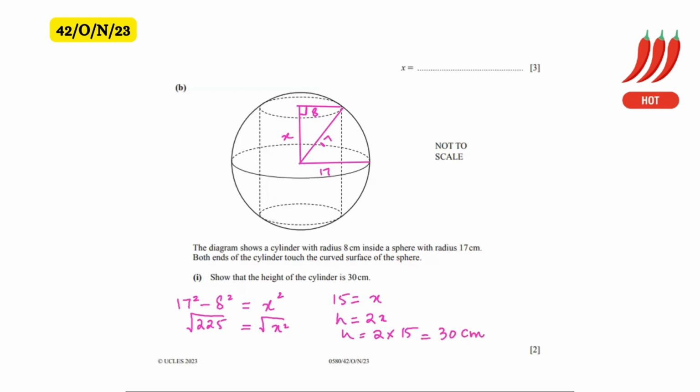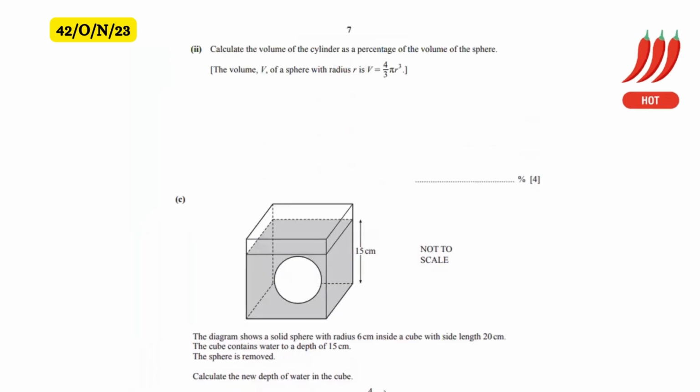That's your height. Then it says calculate the volume of the cylinder as a percentage of the volume of the sphere. So volume of the cylinder: radius was 8, height is 30. So pi r square h, where pi times 8 squared times 30, which gives us 1920 pi.